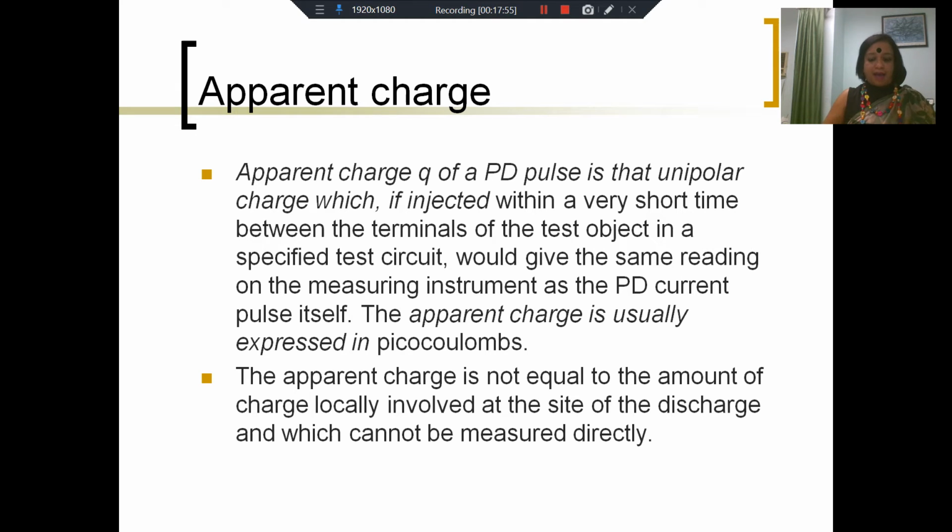If my apparent charge of a PD pulse is Q, it means that if I injected a charge Q across the test specimen, not the void, across the test specimen, then my measuring equipment would give me the same reading as I obtain if a partial discharge has occurred inside the solid material of that particular dimension.